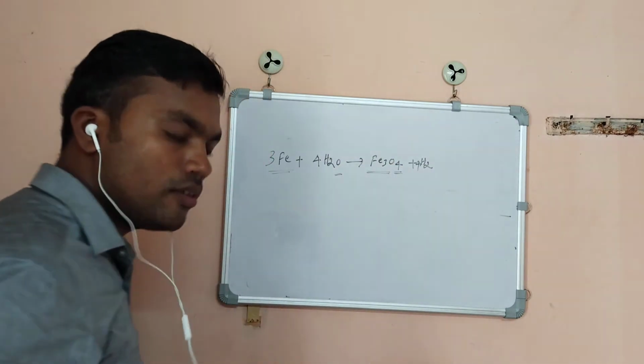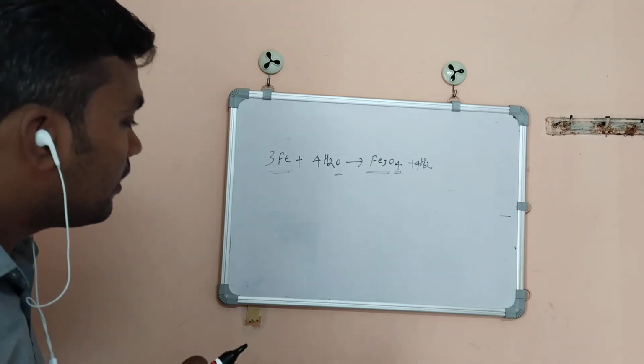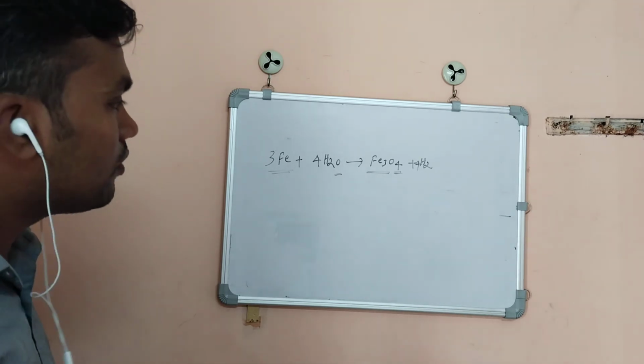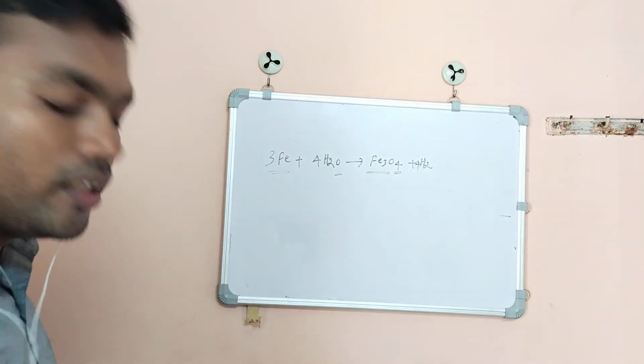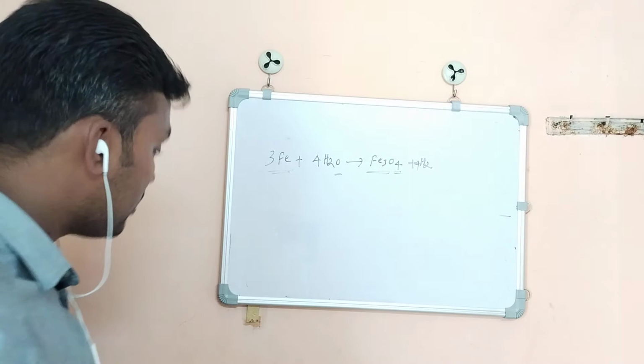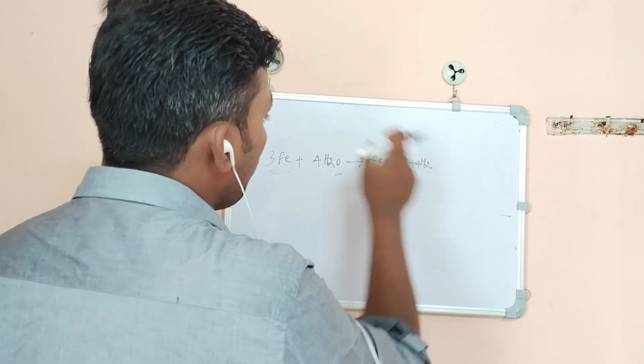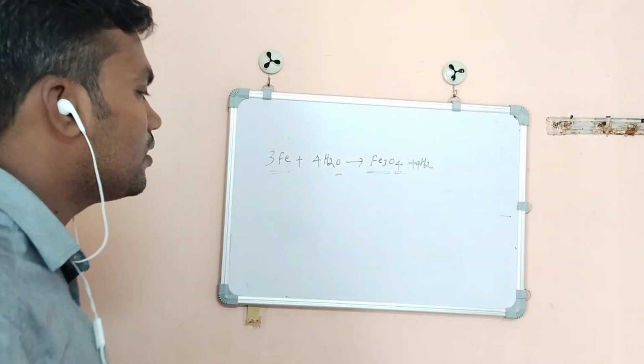In the product side also 4 hydrogen. Now the total number of elements present in the product side as well as in the reactant side are equal. So this is the balanced equation. Okay, 3 Fe plus 4 H2O gives Fe3O4 plus 4H2. This is the balanced equation.